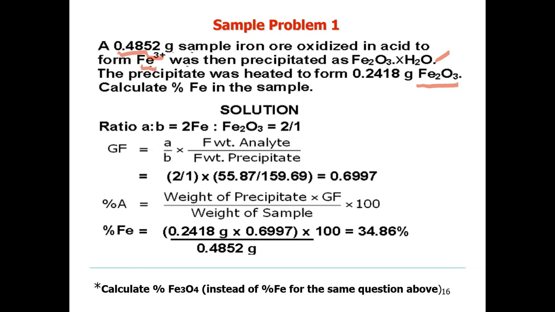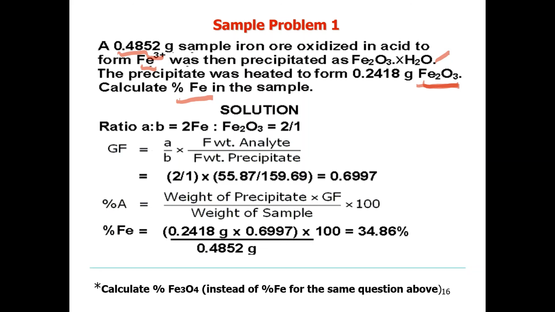In this example, it's being weighed as Fe2O3. Do we have to be concerned with Fe3+ and Fe2O3·xH2O? No, don't care about it. You must only focus on the final product which is being weighed. That is the precipitate. And what is the question? Calculate percent Fe. So Fe is the analyte, and Fe2O3 is the precipitate.